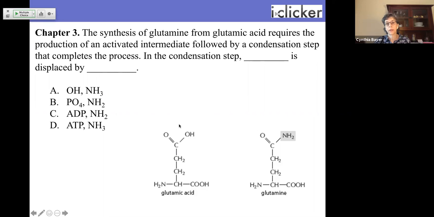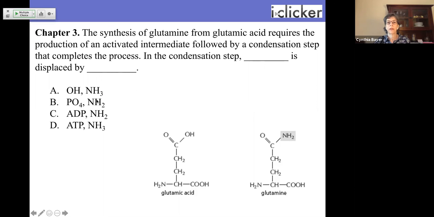So ATP hydrolysis will replace this hydroxyl with a phosphate that converts glutamic acid to a phosphorylated activated intermediate. And then the phosphate that was at this position can easily be replaced by this amine group from ammonia. Right? That condensation step is what we're asking about.